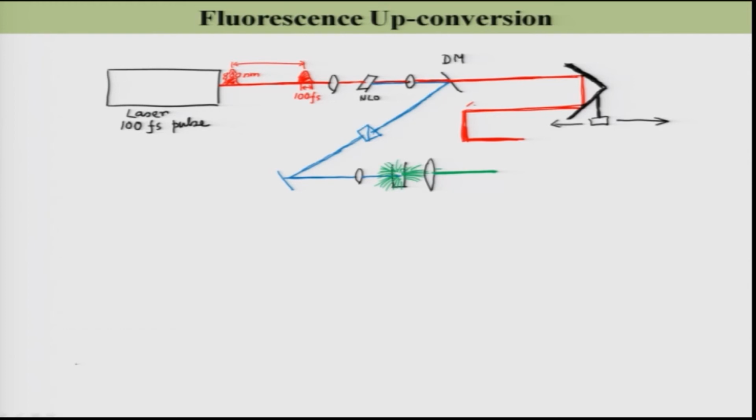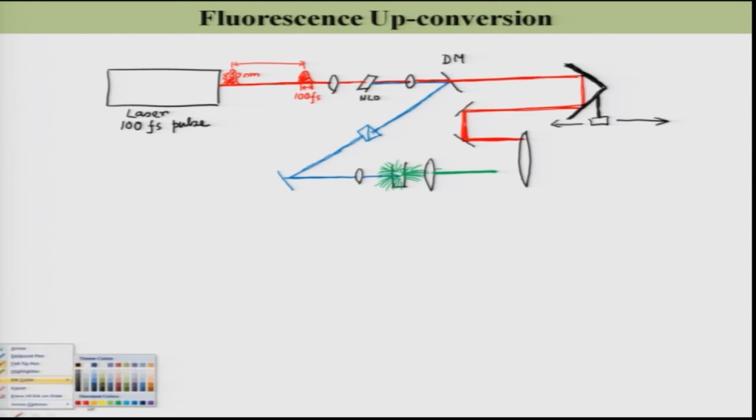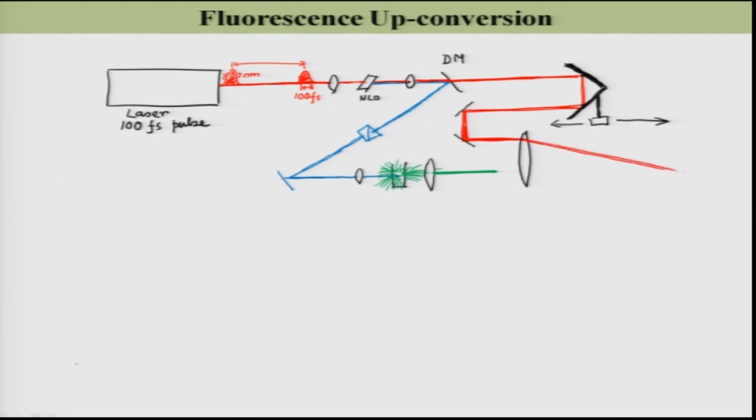Then you have a mirror here, another mirror here, and you put a big lens over here, so that this light will get focused in this pathway, and your fluorescence will also be focused along this pathway.